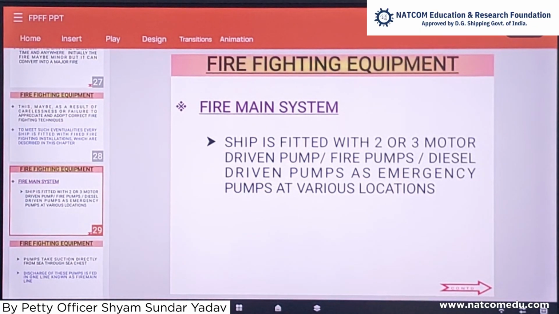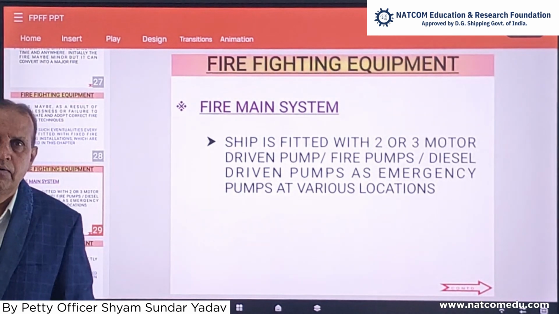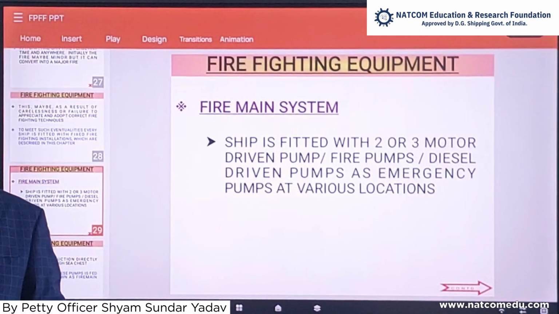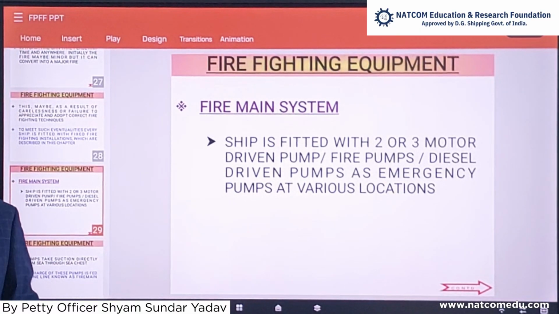Ship is fitted with 2 or 3 motor-driven fire pumps, and diesel-driven pumps as emergency pump at various locations. At least 2 पंप तो होने चाहिए फायरमैन पंप, और वो हमेशा स्टैंड बाई मोड में रहने चाहिए. Whenever there is fire, you can operate them easily.